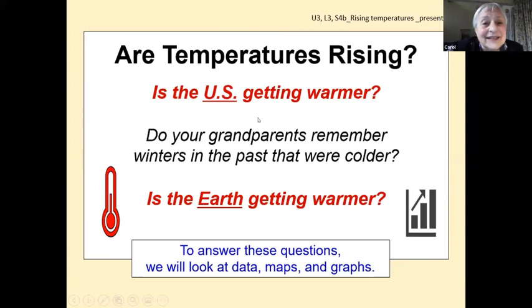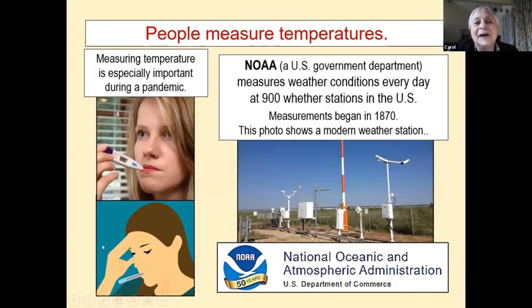I'm 75 going on 76, and I remember winter being much colder, so maybe some of the students' grandparents remember colder winters. Is the Earth getting warmer? And we're just going to look at some highlights of how you might answer this question.